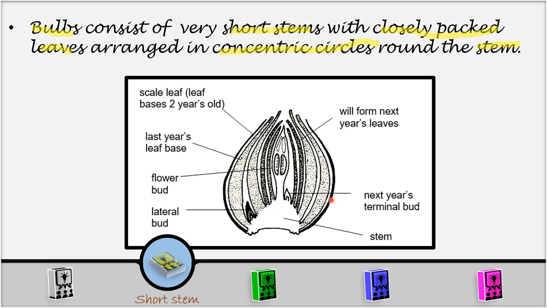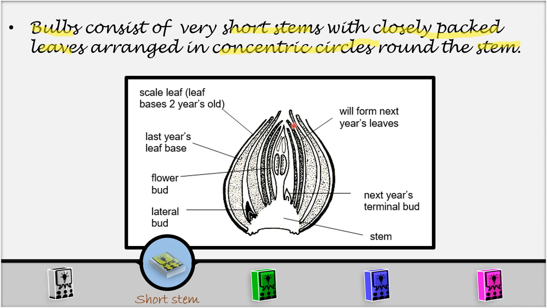It is a scale leaf, but it is year 2. Now we have last year's leaf base. This one was for last year. That means that it has 1 year. It is last year's base.